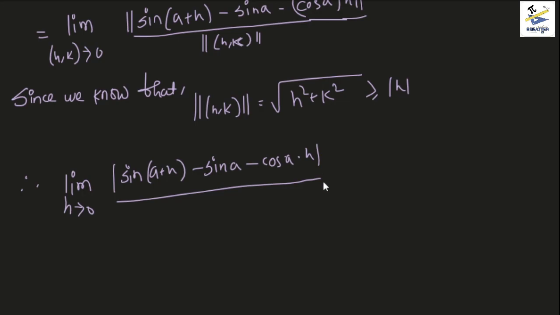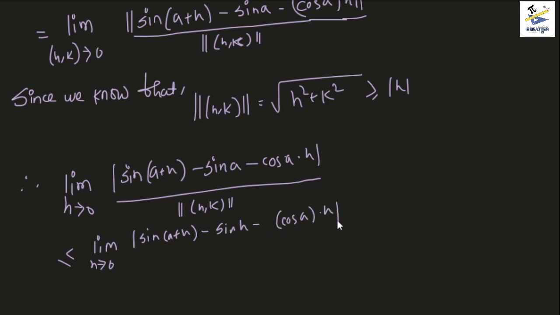And when we have this norm here, since the norm of (h,k) is greater than or equal to the absolute value of h, this should be less than or equal to the limit as h tends to 0 of |sin(a+h) minus sin(a) minus cos(a)h| divided by |h|.